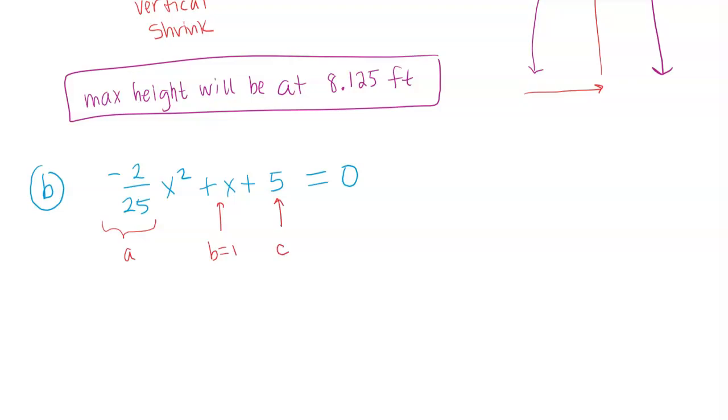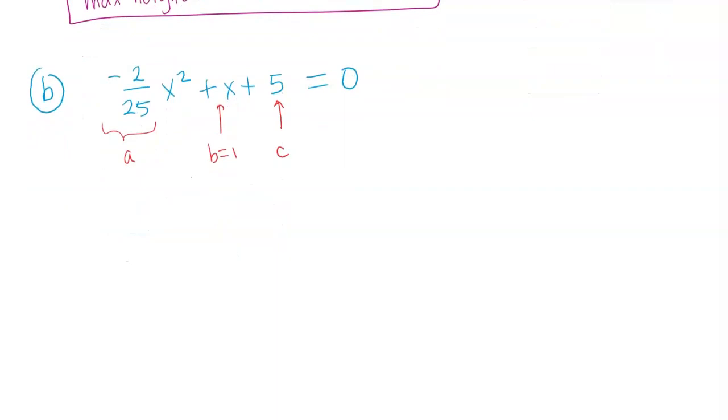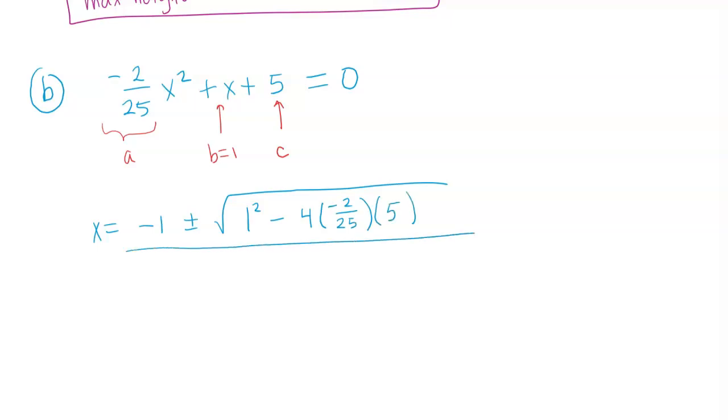And this is going to be C, right? So we'll do x is going to be negative b, so that'll be negative 1, plus or minus the square root of b squared, that'll be 1, minus 4 times a times c, and the whole thing over 2 times a.